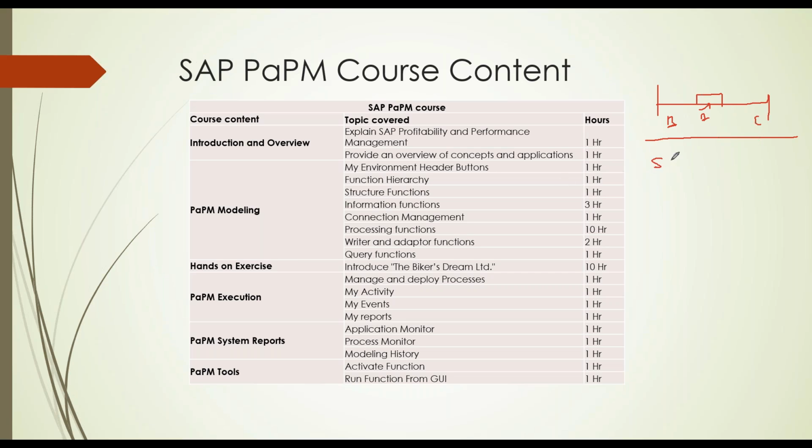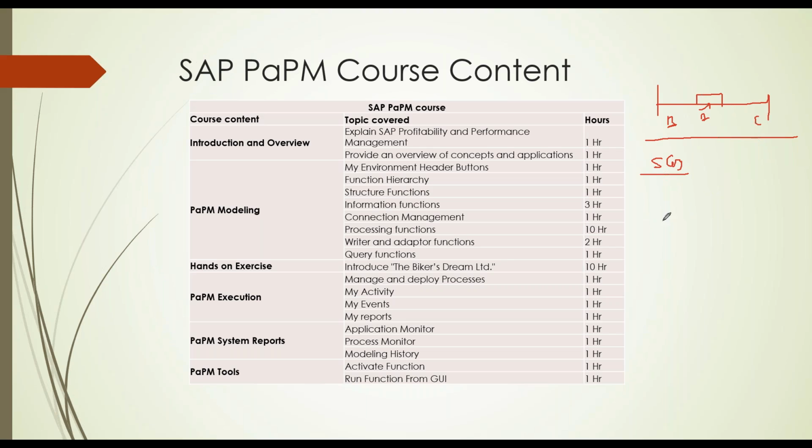SAP PAPM provides some sample content. In this sample content, there is a huge list that is industry specific and specific to particular functions. After the training, you will be able to understand the sample content provided in SAP PAPM. You can copy that sample content and check the modeling, for example for allocations.